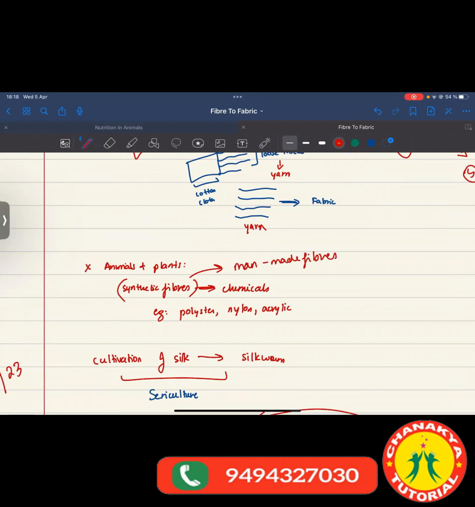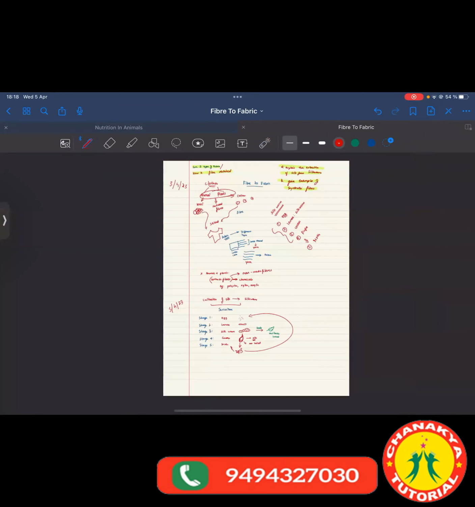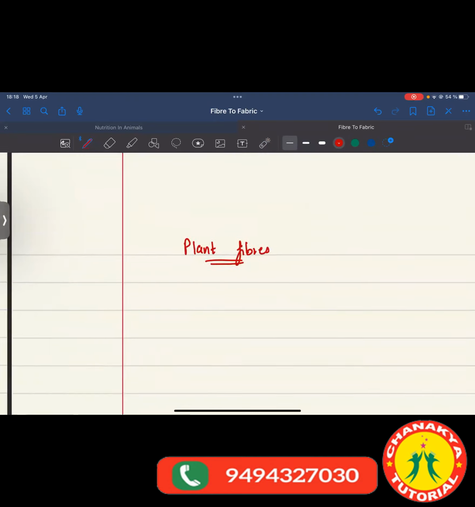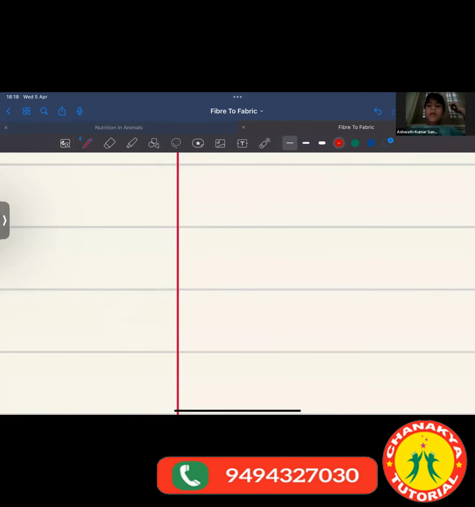Okay, now we're going to see some of the plant fibers. Can any of you name any plant fiber? Ma'am, cotton. Cotton. Then jute.